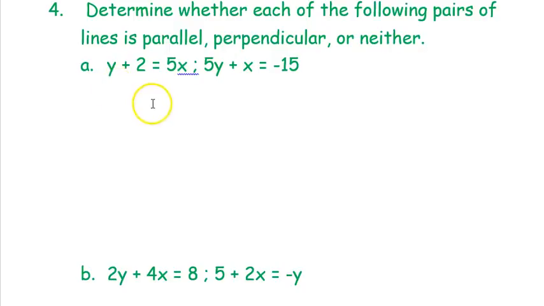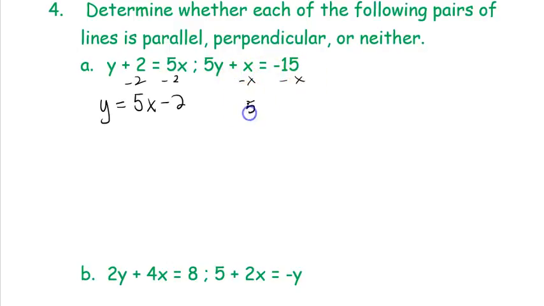Okay, now, we need to get them to slope-intercept form just so that we can determine what the slope is. So I'm going to get y by itself in this one by subtracting 2. So I have y equals 5x minus 2. So the slope of this one is 5. When I come over here, I need to subtract x.